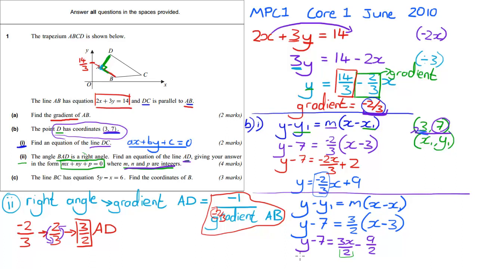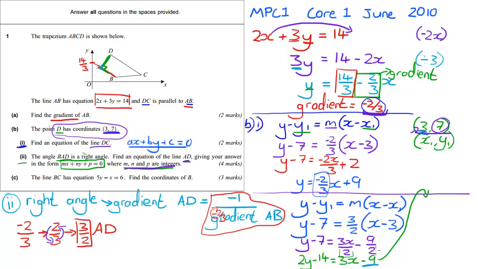So let's say 2y minus 14 is equal to 3x minus 9, and then I'm going to go up here to keep going. Hope you follow me with that. So 2y minus 14 equals 3x minus 9. So what can we do? Let's add 9 to both sides to get rid of this.